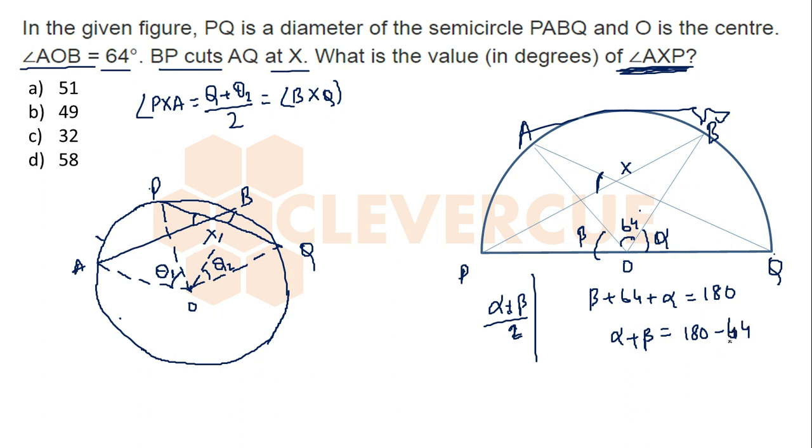Now (alpha plus beta) by 2 will be equal to (180 minus 64) divided by 2. That means this is 116 by 2, which is equal to 58. Option D is the right answer. The value of angle AXP is 58 degrees.